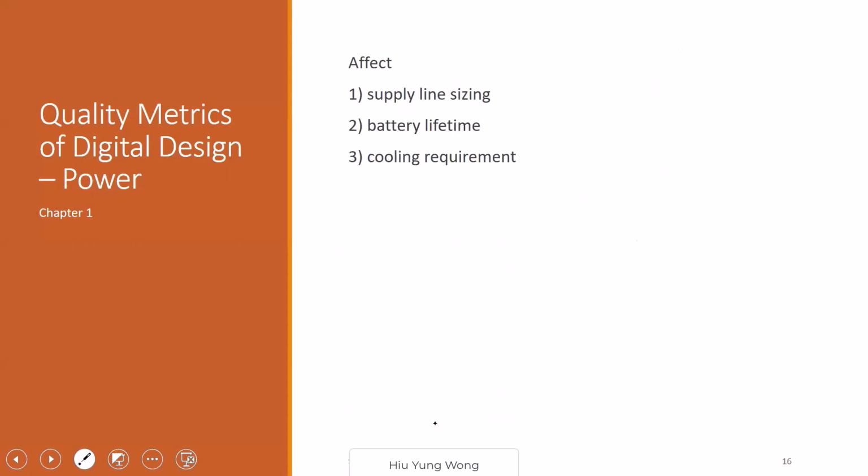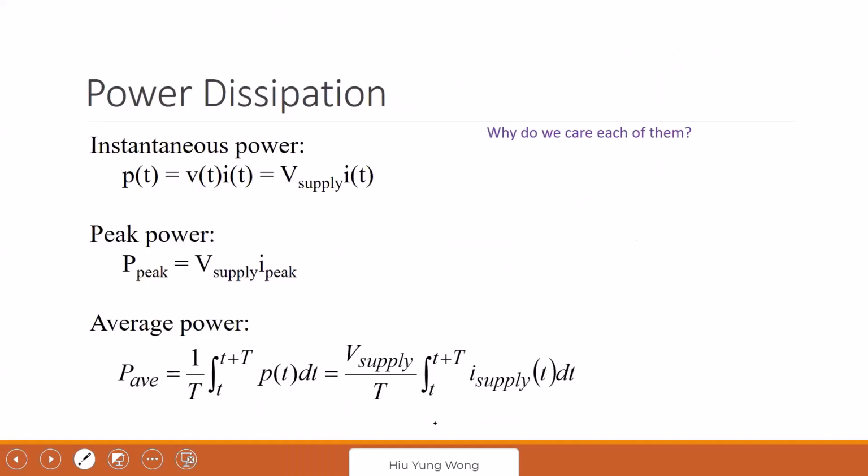And then finally, I need to talk about power dissipation. There are two types of power, three types, but I think you know already. If you have power as a function of time and you measure the power, it may look something like this in your circuit.